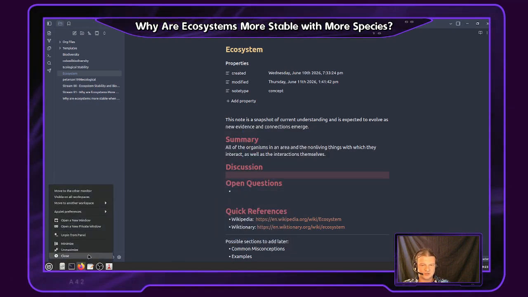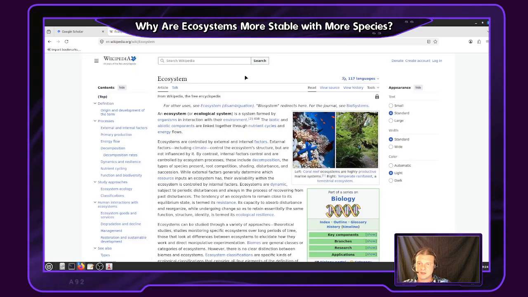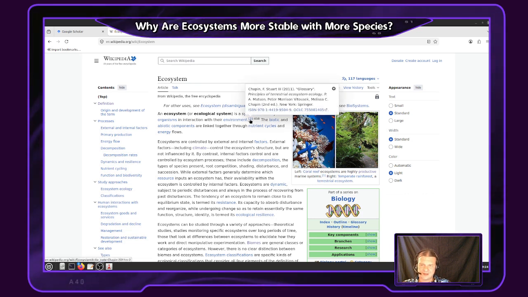So what I was trying to do, this is our Wikipedia page for an ecosystem. One of the things we can see here is these superscripts.